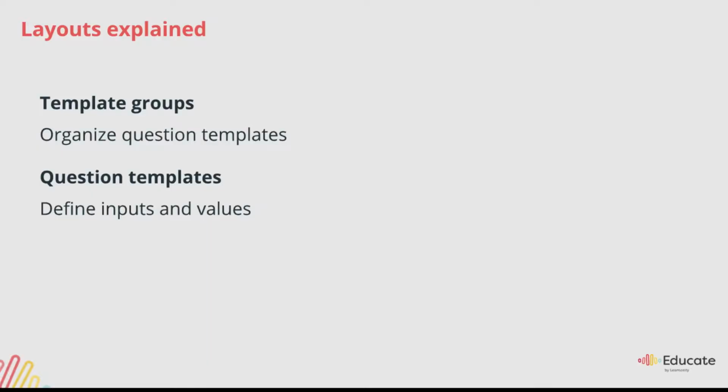The third thing you need to know about, if you really want to go far, is layouts. With the templates, we quickly saw how you can show and hide things, and set the default values or override them. With layouts, you can position where things go in the question template, where they're rendered.